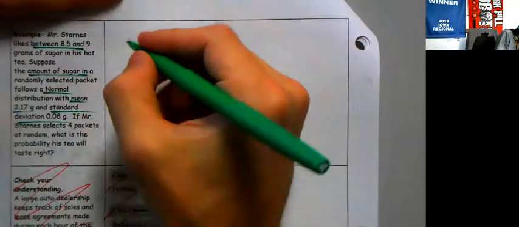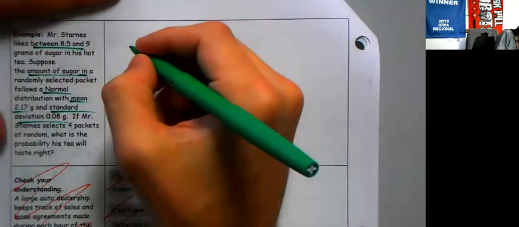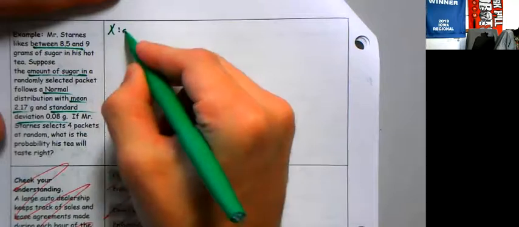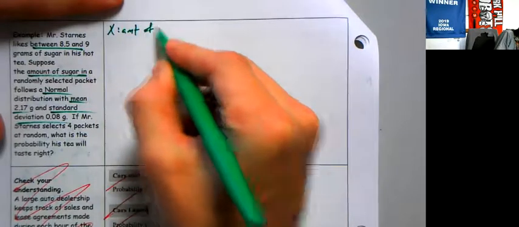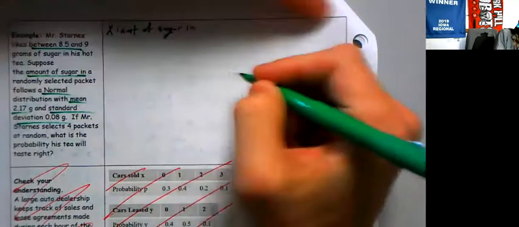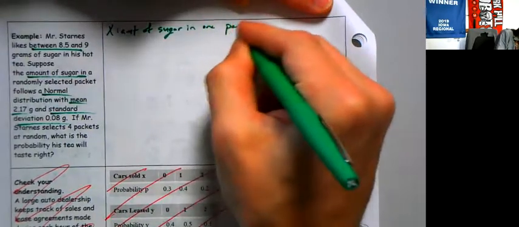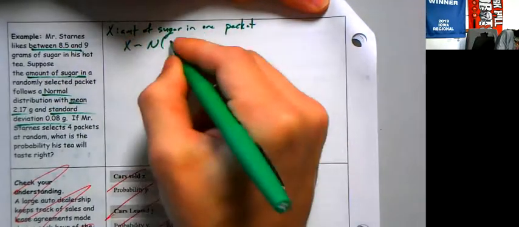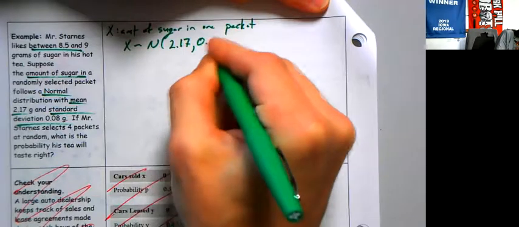So let's define some things. X is the amount of sugar in a packet, and I know X is distributed normally with a mean of 2.17, standard deviation 0.08.